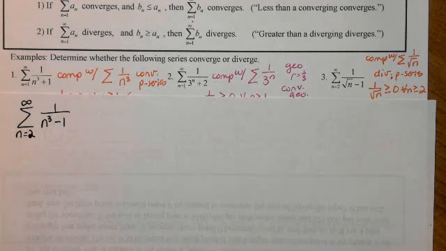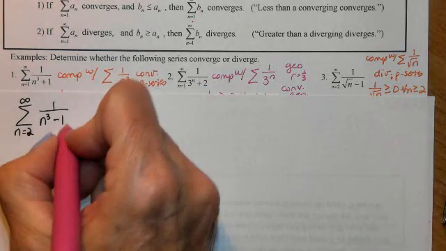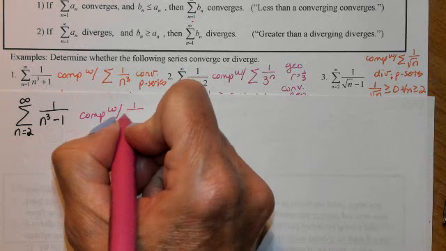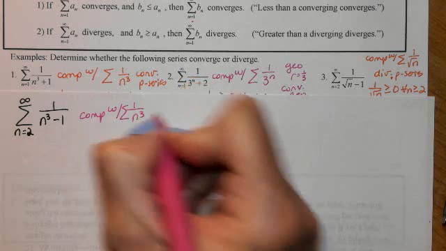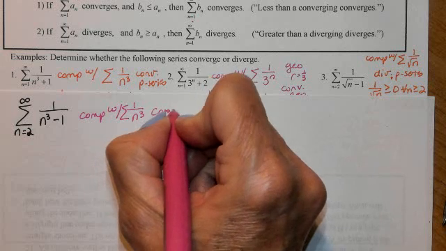Otherwise, my first term would be undefined. What if we had that series? I would still want to compare it. I know it behaves like 1 over n cubed. I know it does. So I know it's going to converge.